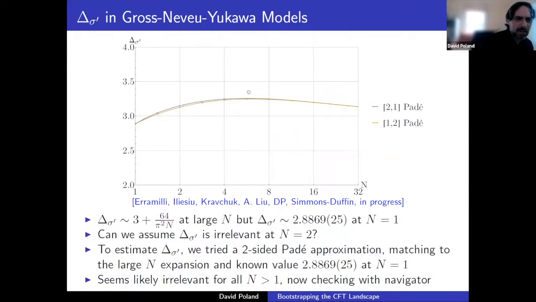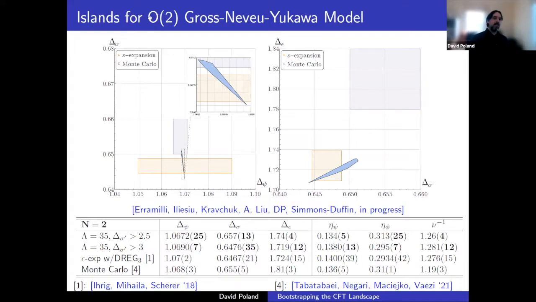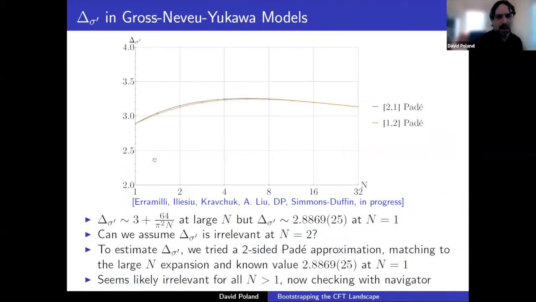First of all, to be conservative in these O2 models, we also computed our islands with a more conservative assumption, that the gap is bigger than 2.5. We also tried to get a picture of what the sigma prime operator is doing by using a Pade approximation, which matches the large n expansion at large n, and matches the known results at n equals 1 for the supersymmetric model.